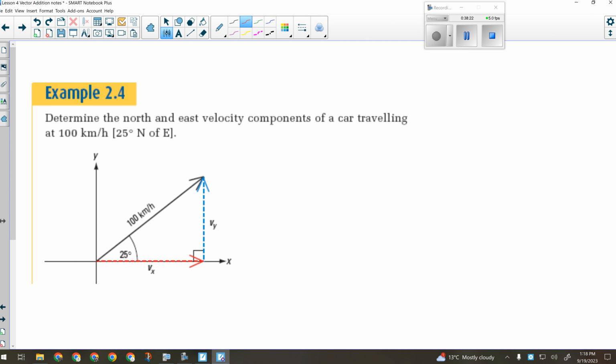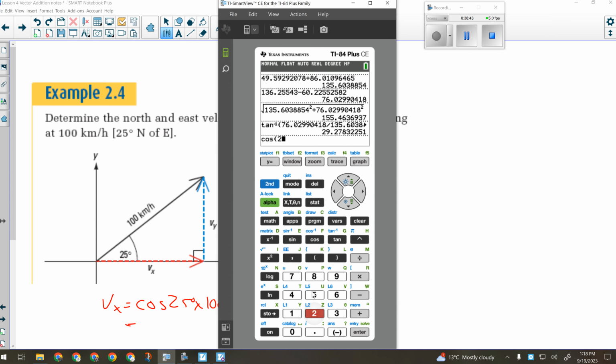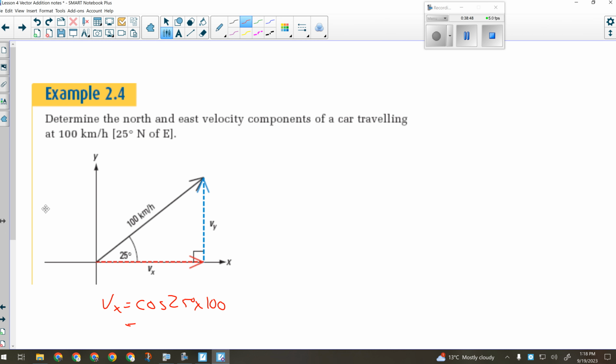Okay, so if I want to find Vx, what trig function am I going to use for that? Cos. It's the adjacent side to the 25-degree angle, right? So Vx is going to be the cos of 25 degrees times 100 kilometers per hour. All right, so we're looking at 90.6 kilometers per hour, and that'll be east.